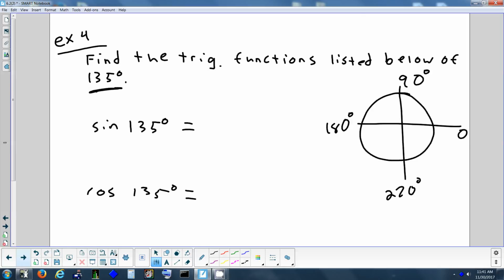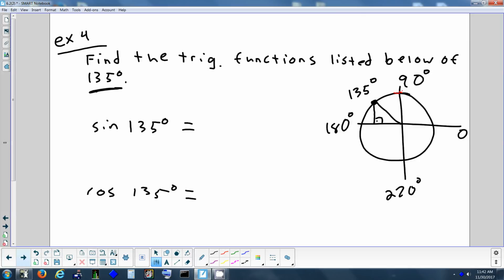So here's your circle. 135 is right there. You can check it, but it's exactly halfway between 90 and 180. It's the average of them. Now if I draw a triangle, just to show you why it's a 45-45: what do you have to add to 90 to get to 135? You add 45.